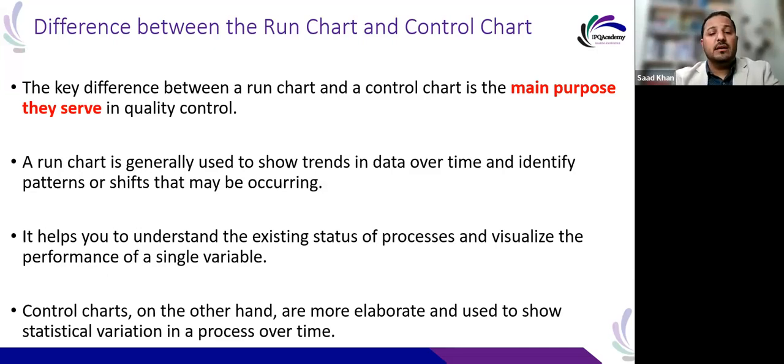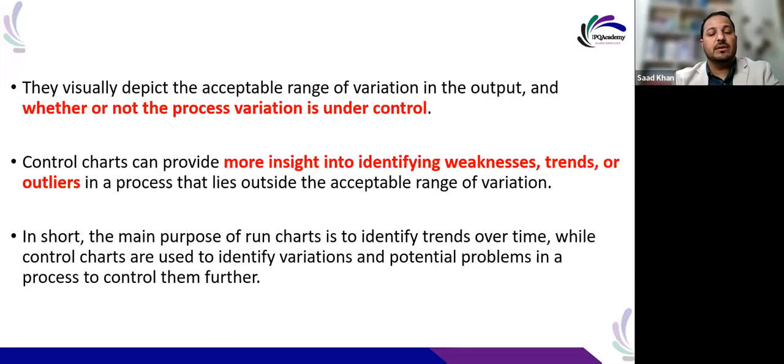Control charts, on the other hand, are more elaborate and used to show statistical variation in the process over time. So a run chart gives you the trends in data over time, and control charts give you the statistical variation in a process over time. This is the basic difference between them. The visual depiction of acceptable ranges of variation is an output, showing whether or not the process variation is in control.